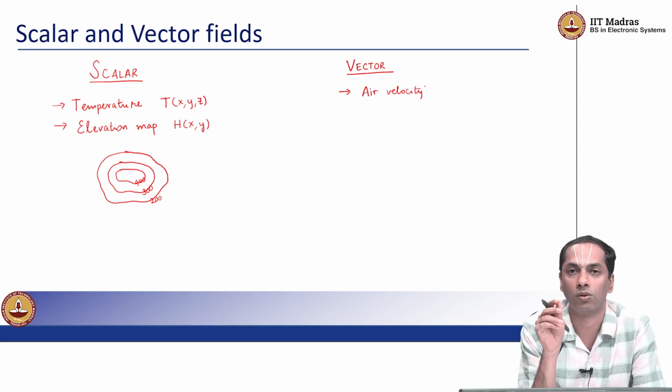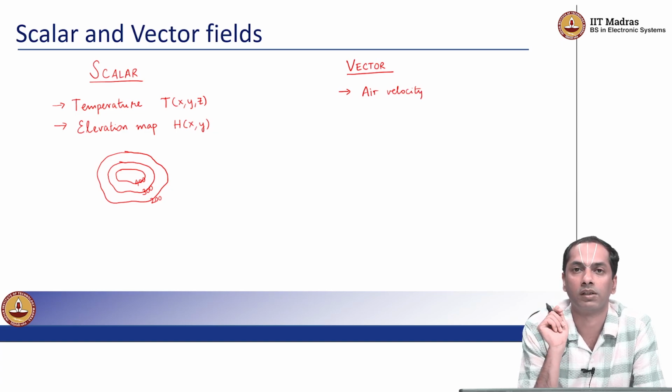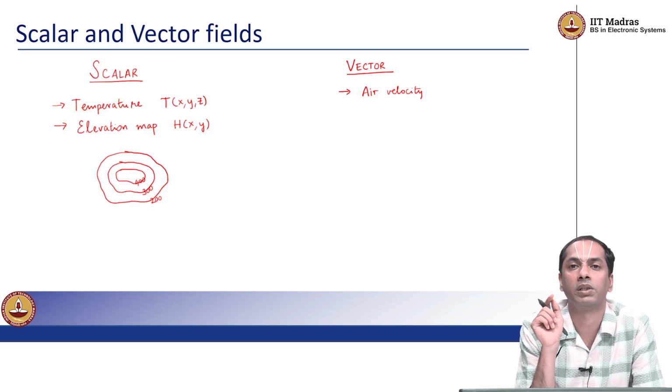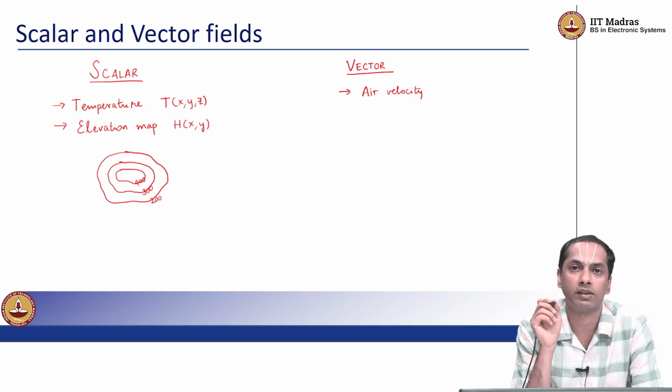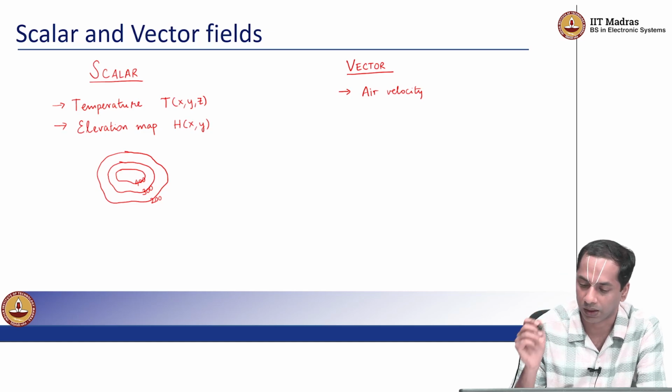If I were to go to a very specific region in the space around me and locally measure the air velocity, I would not only get the speed of the molecules that would indicate the magnitude, but also the direction in which the wind might be oriented. The local motion of molecules could be in a certain direction. So there is both a magnitude and a direction specified at every location x comma y comma z. I would need such a database in order to represent the behavior of the molecules in the air around me.